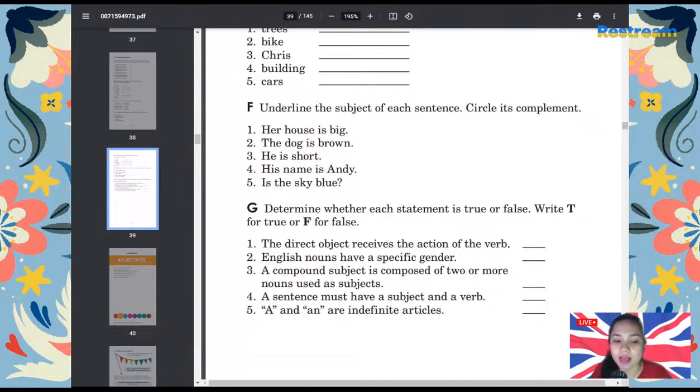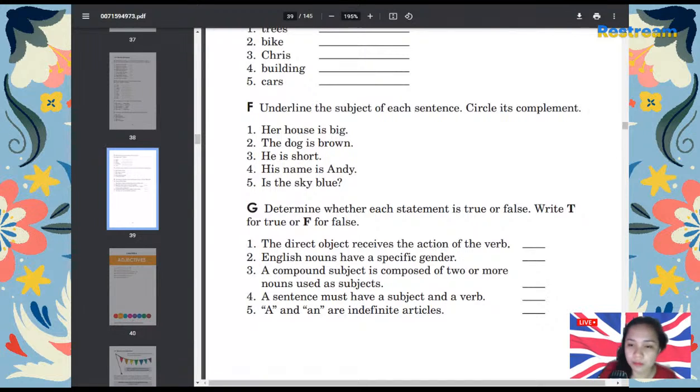Yes, the direct object in the sentence receives the action of the verb. We have the subject as the performer, but in a sentence we also have an object, okay? An object or direct object always receives the action of the verb.